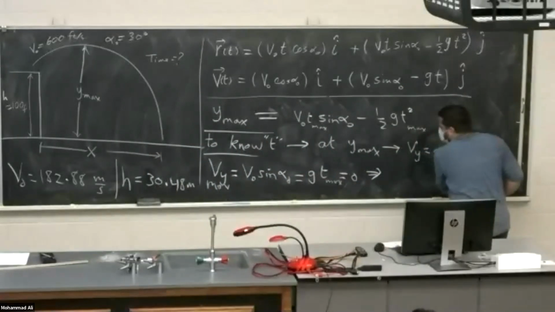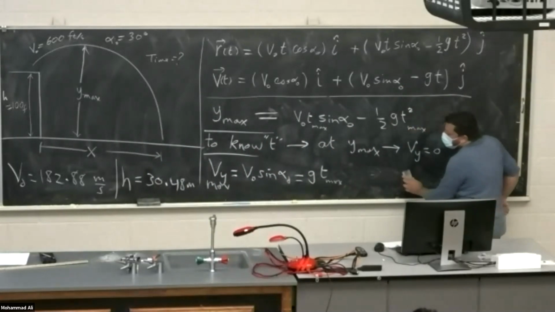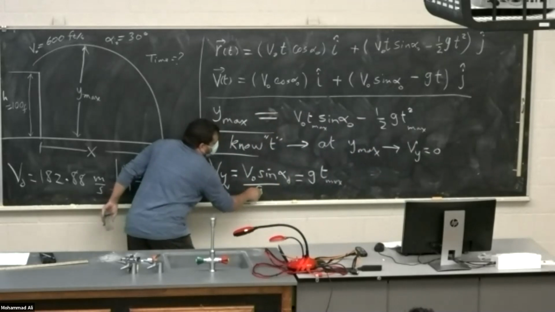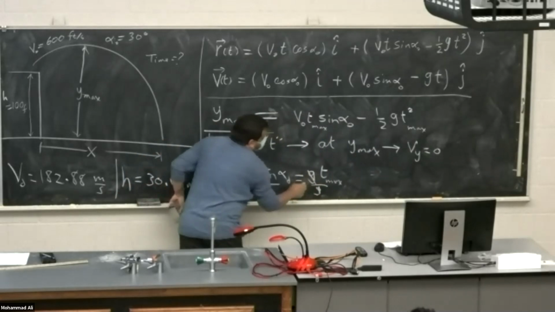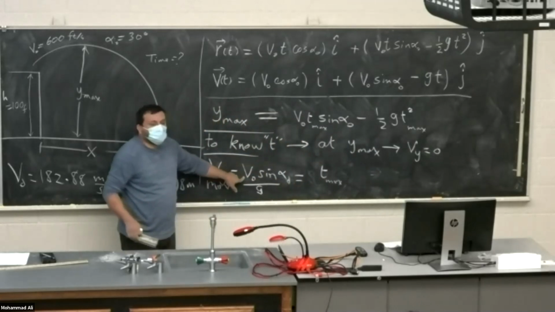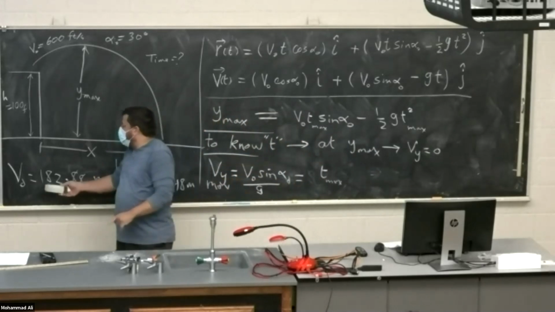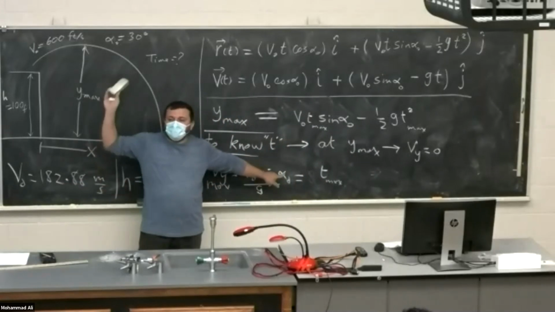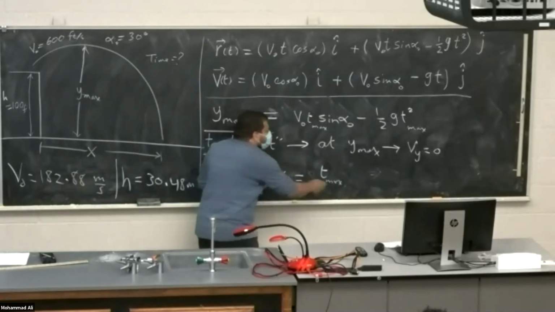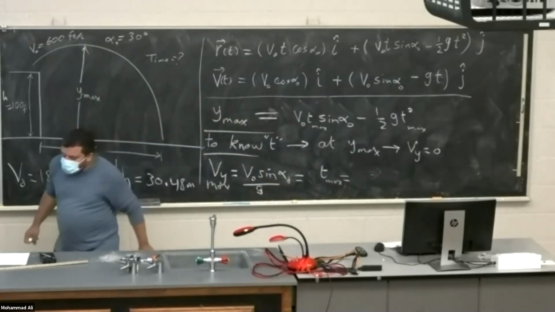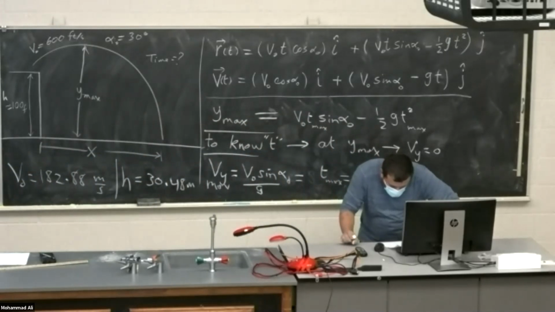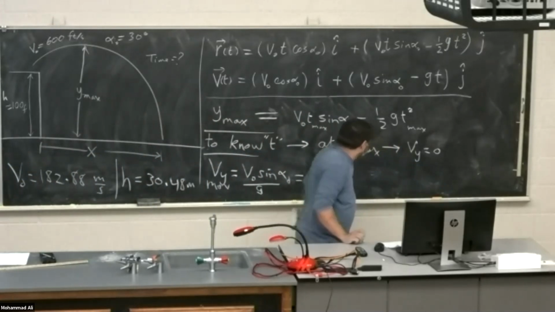Divide both sides over G, and G will cancel. Then T max is equal to V naught, 182, sine 30 over G, 9.8. It is just a number now. It is solved, and the time is equal to 9.3 seconds.